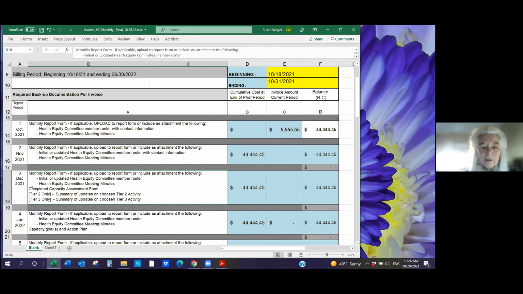But then there is one additional report required by everyone, which is the completed capacity assessment form. And then there may be other reports that apply only to certain tiers. So if it says tier 2 only, it's only tier 2. And it says which tier you're assigned on your contracts.